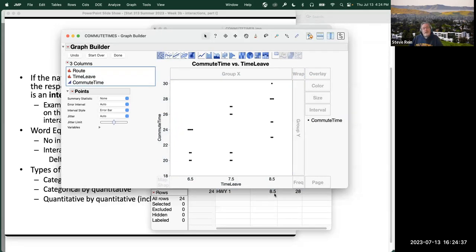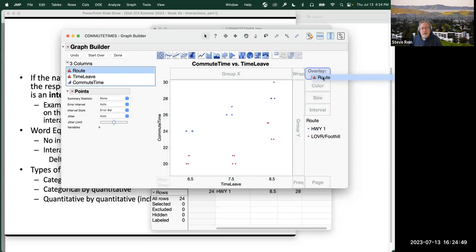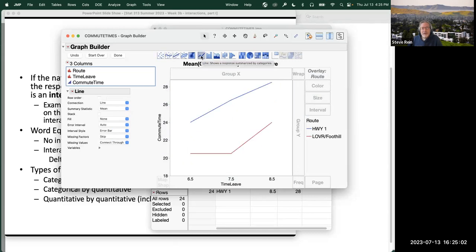Whether I use this as quantitative or categorical, it probably doesn't really matter because the dots would be in the same spot. And I'm going to have the routes correspond to the two different overlays, if you will, colors. And if I add a dashy line, it's going to show me the average for each of these different times of day.